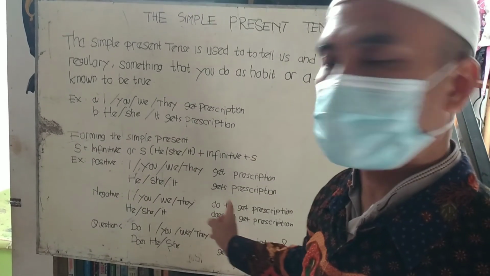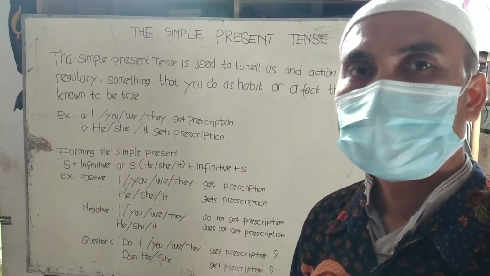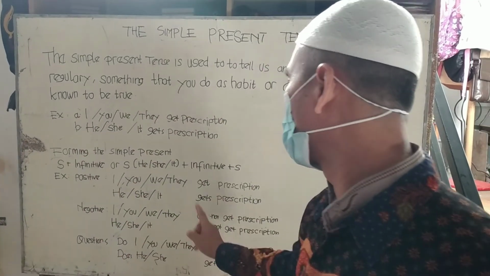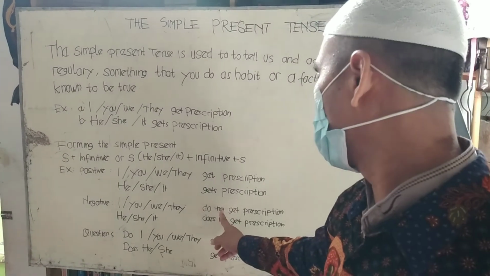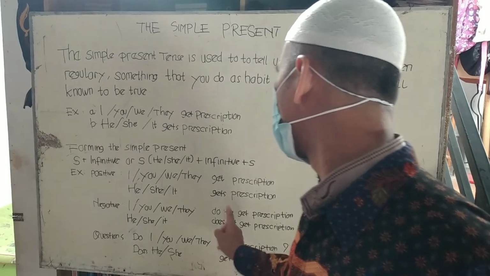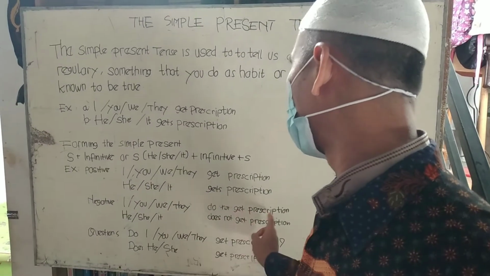If you say "I get," it means that it is a positive sentence. So again, if you want to make the negative sentence, you use do as an auxiliary verb and not. That's the negative sentence. So you do not get, we do not get, they do not get.